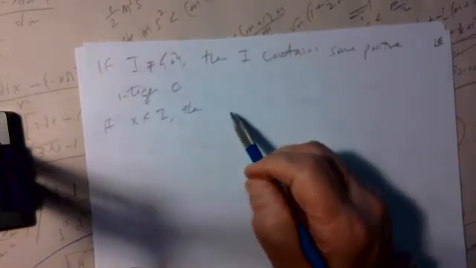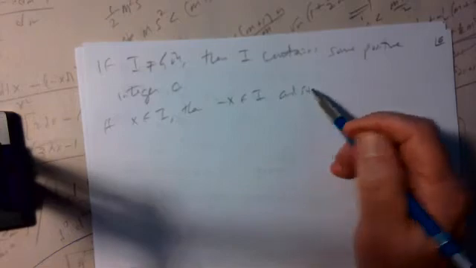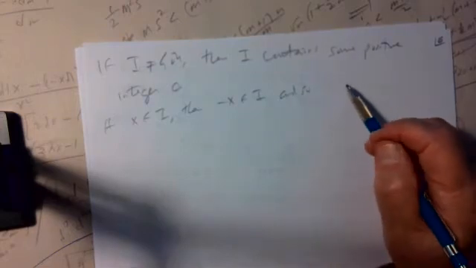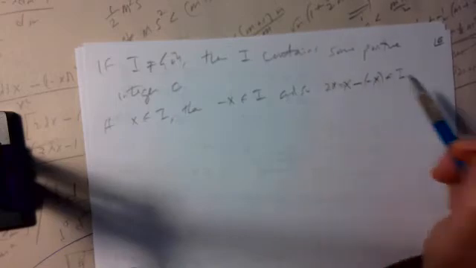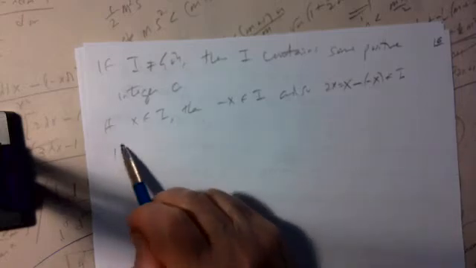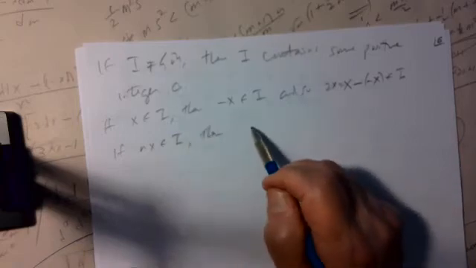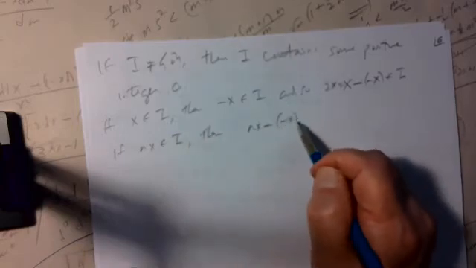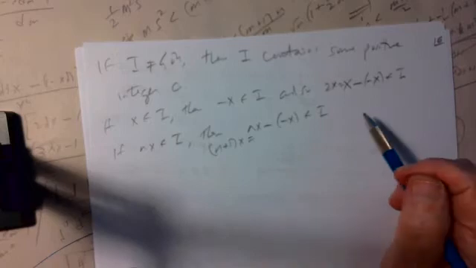Now we can also note the following. If x is in I, then minus x is in I. We just proved that. And so, because I is closed under subtraction, x minus minus x is in I, and that's 2x. And in general, if nx is in I for some positive integer n, then nx minus minus x is in I, and this is n plus 1 times x.